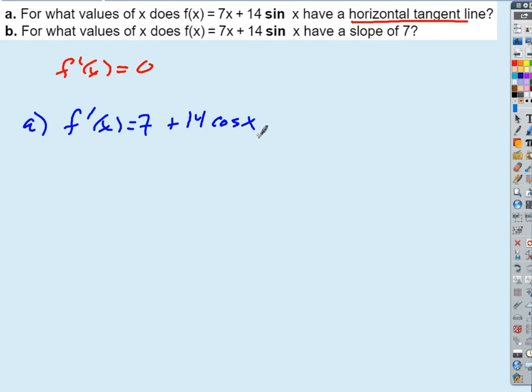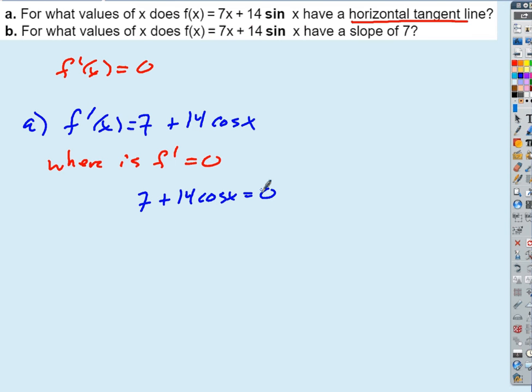For part A, we want to know where f prime is equal to 0. So that's going to happen where 7 plus 14 cosine x equals 0. If I solve for cosine x, and this is what I want to focus on.